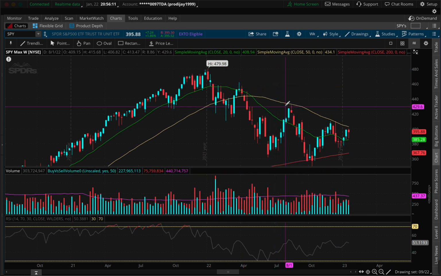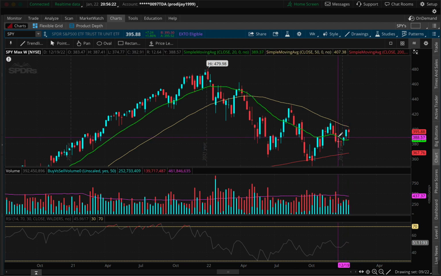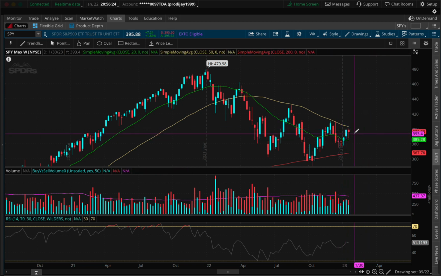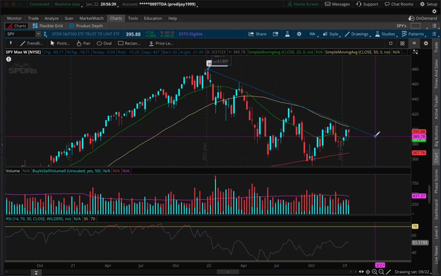If you grab the weekly time frame, that means each candle represents 1 week of price action, of people buying and selling back and forth constantly throughout a week time frame interval. If I grab the highest wick of the high, which was 479.98 last year on the 3rd of January, we can all tell that we have just been downtrending.